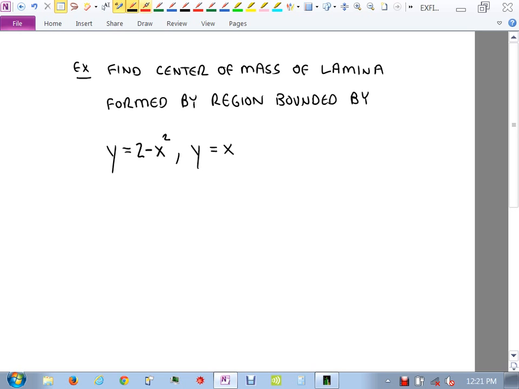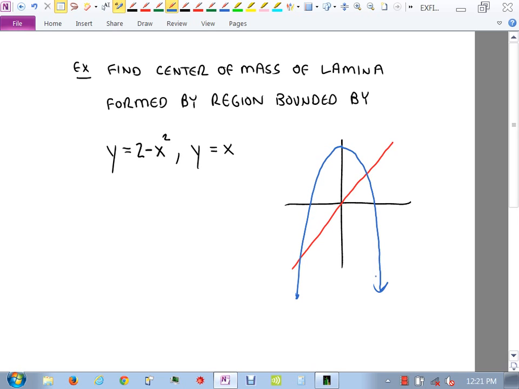I'm going to draw a picture real quick. Y equals x is here, and 2 minus x squared looks like this. Something like that.